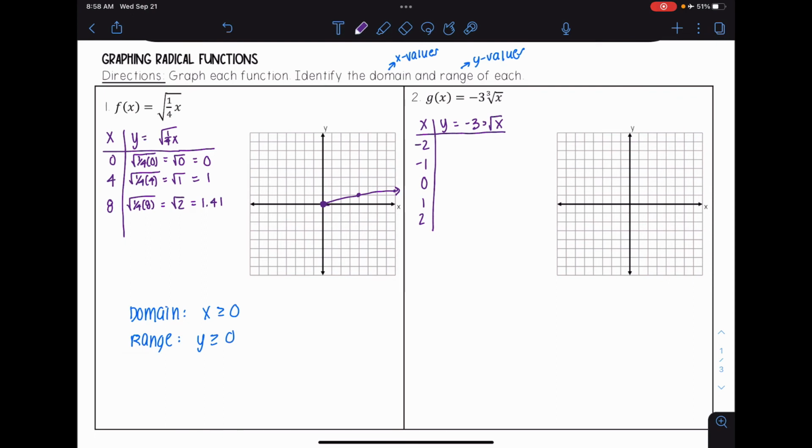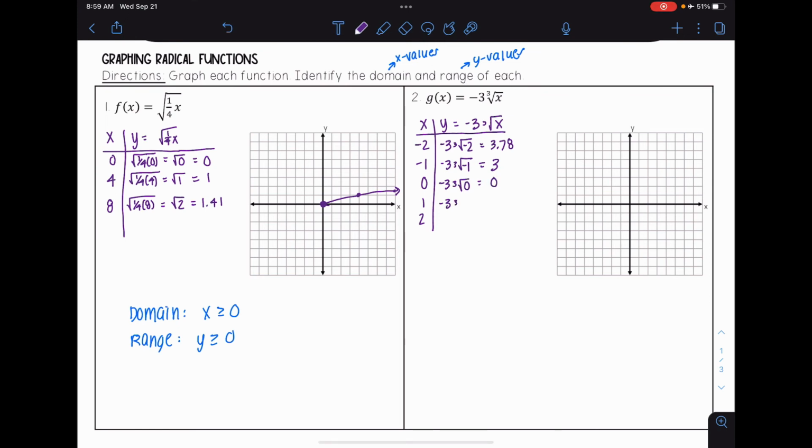So plugging those in, I have -3 times the cube root of -2. And when you enter that in your calculator, you should get 3.78. And then -3 times the cube root of -1. When you plug that in, you should get 3. Plugging in 0, you get 0.